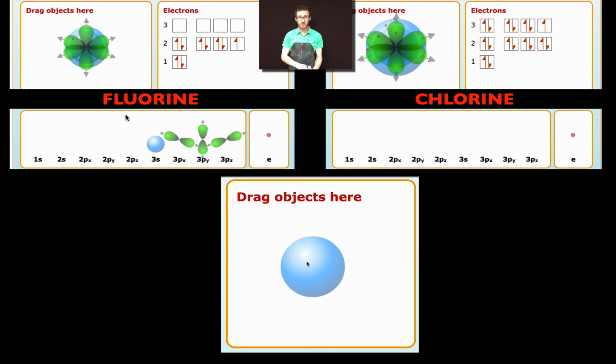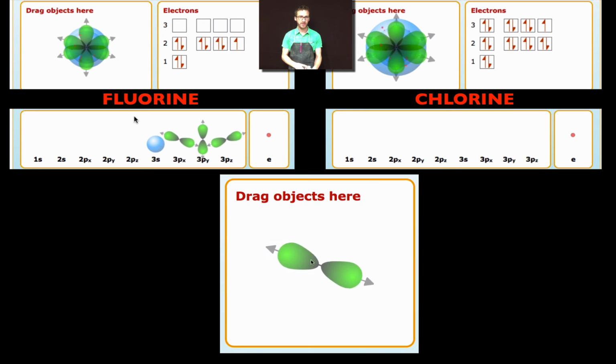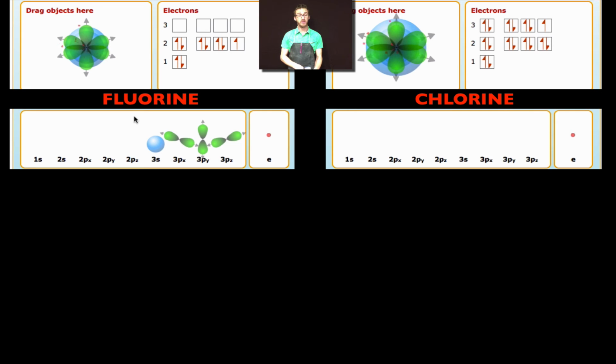Notice that the s, or spherical, orbital penetrates the nuclear region more effectively than the p-shaped orbitals. And so the electrons in s-shaped orbitals are held more tightly, more strongly, than the electrons in the p orbitals within the same main energy level. Those things are really what you want to think about as you think about photoelectron spectroscopy and how much energy is required to remove electrons from the different main energy levels and sublevels within an atom.